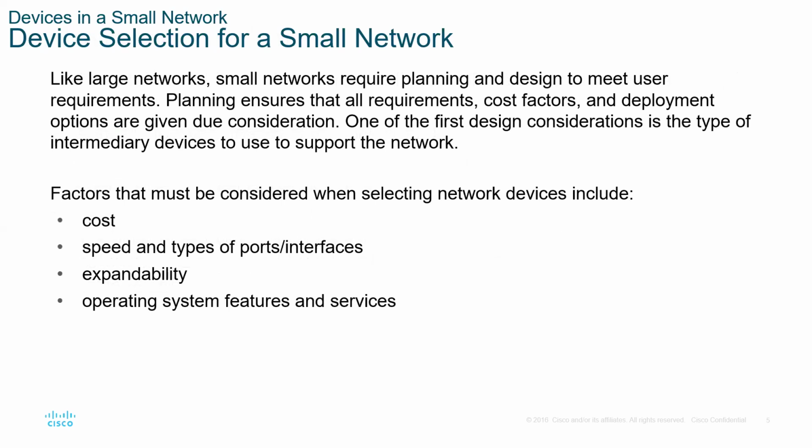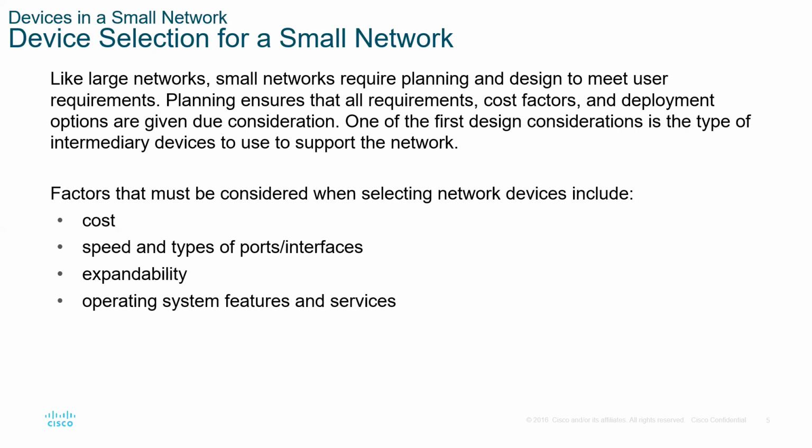Device selection for a small network. Like large networks, small networks require planning and design to meet user requirements. Planning ensures that all requirements, cost factors, and deployment options are given due consideration. One of the first design considerations is the type of intermediary devices to be used to support our network.